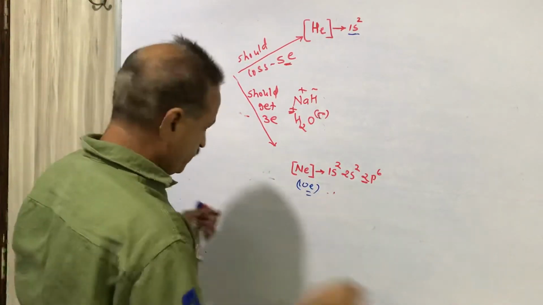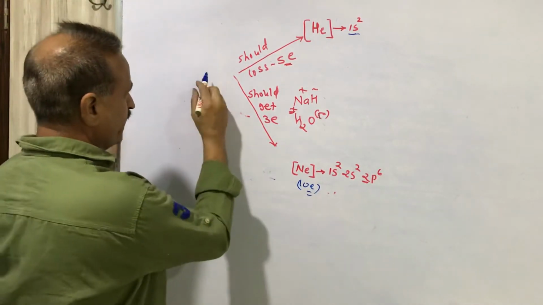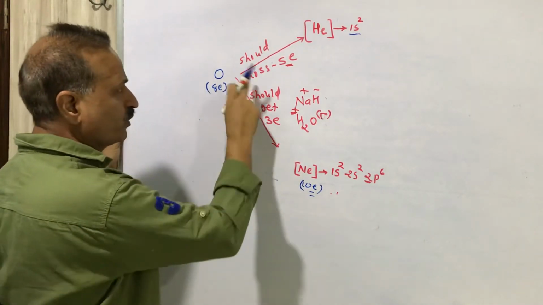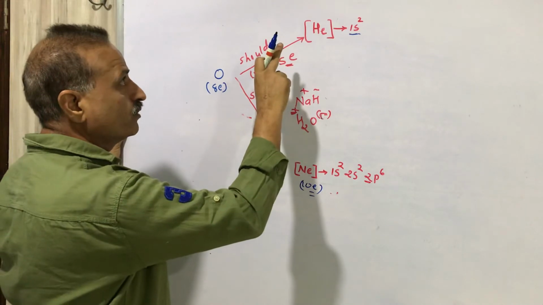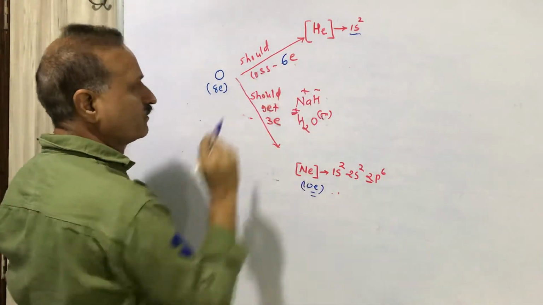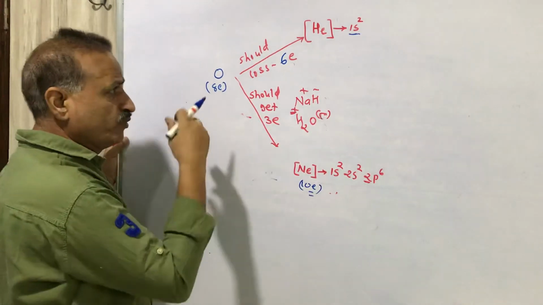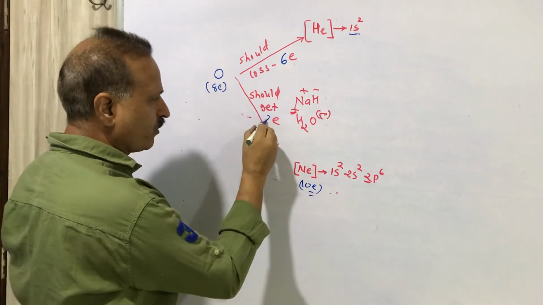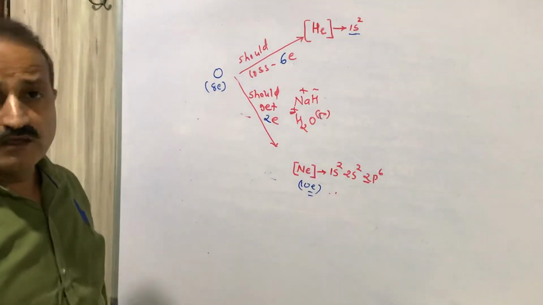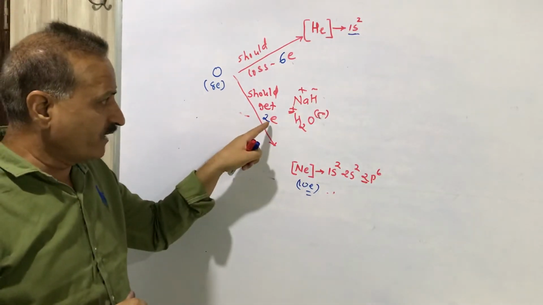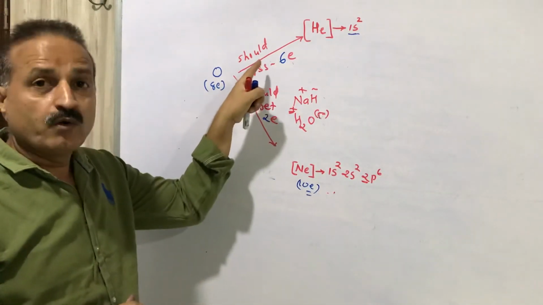Oxygen has 8 electrons. If it wants to convert into helium, it should lose 6 electrons. And if it wants to convert into neon, it should get 2 electrons, which is very convenient for oxygen. It is very easy to get 2 electrons rather than lose 6 electrons.